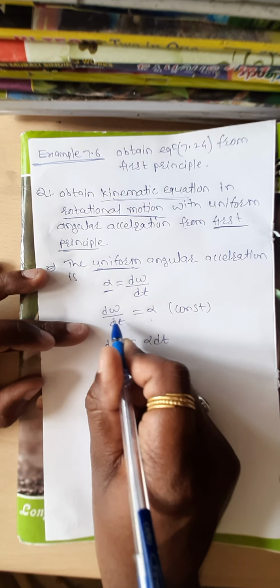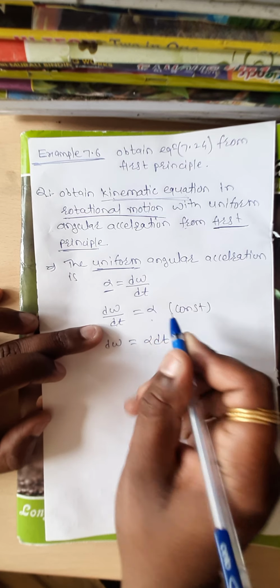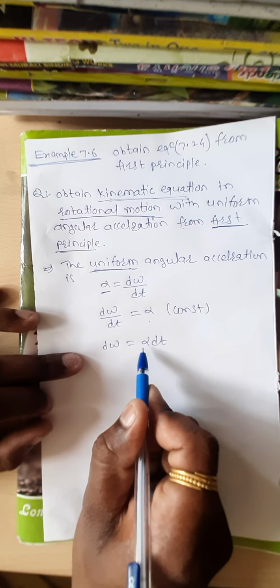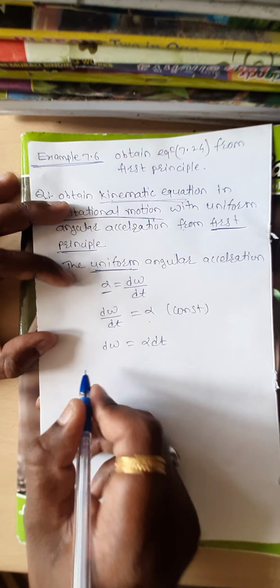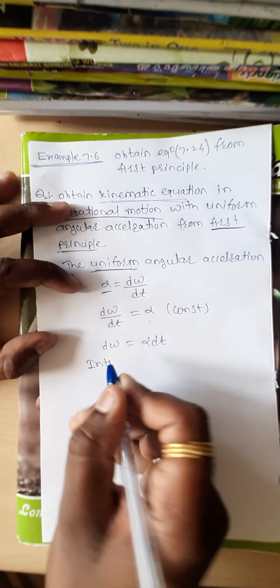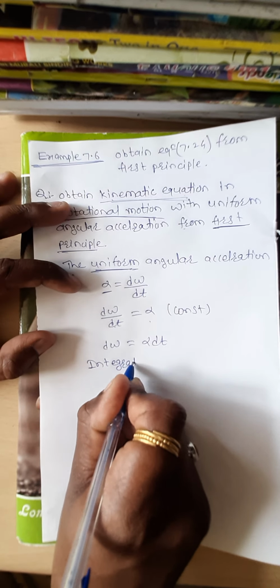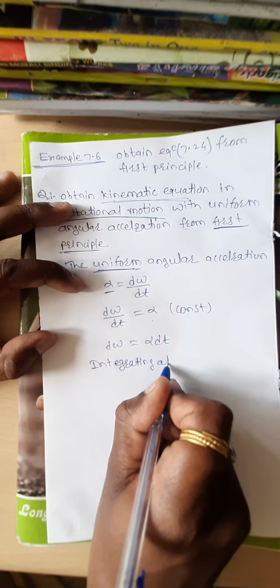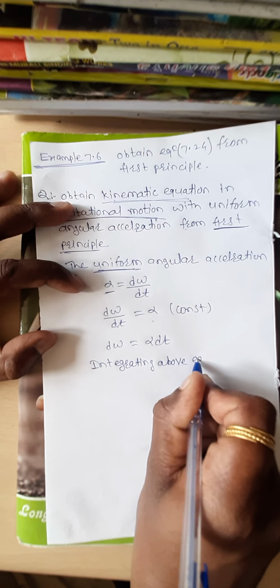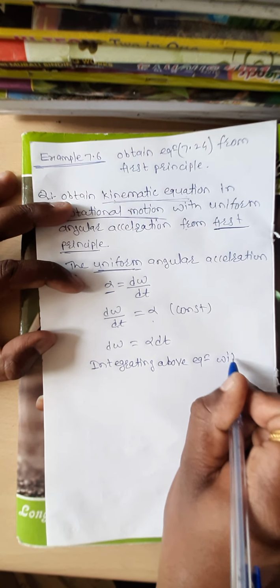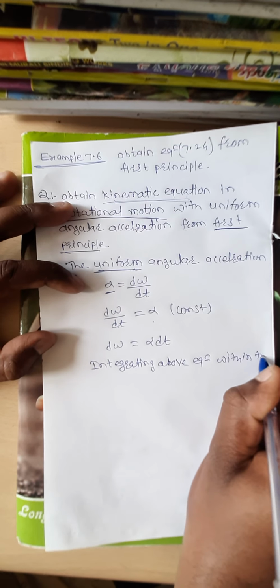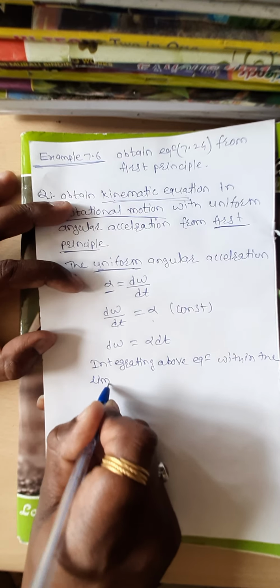We cross multiply dt from left to right. Now integrate the above equation within the limits.